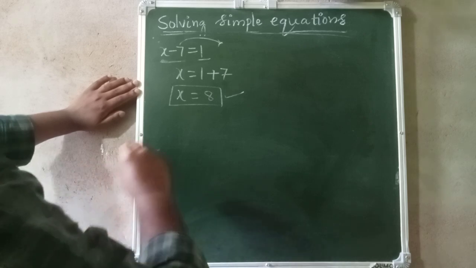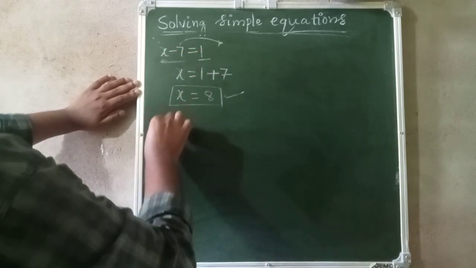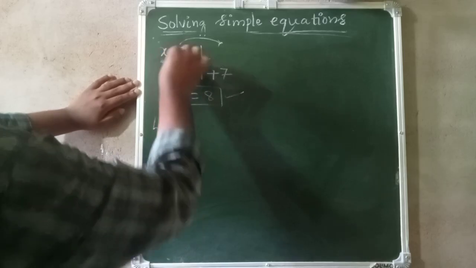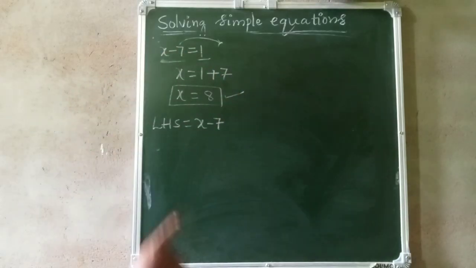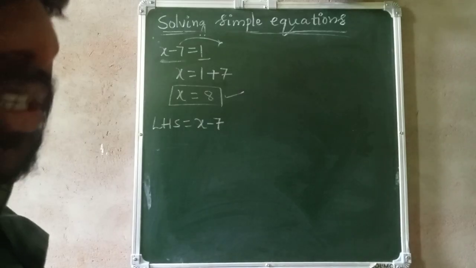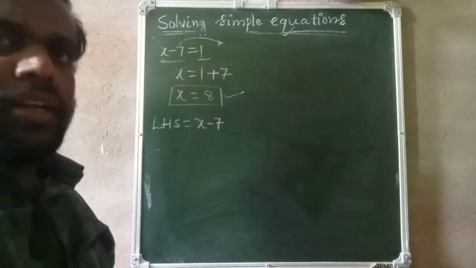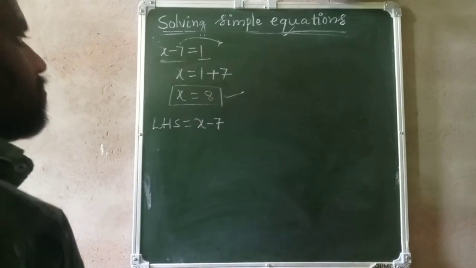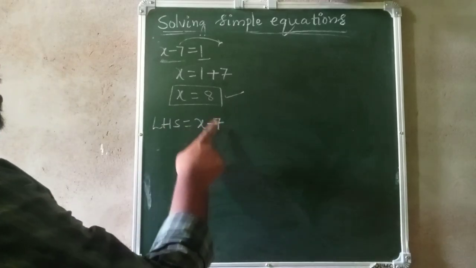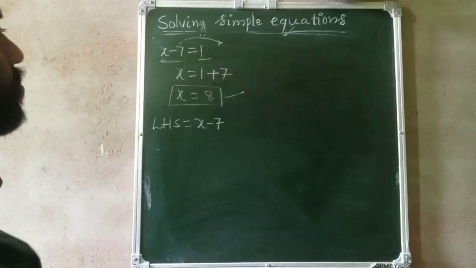Take LHS. So LHS is equal to x minus 7. What is LHS? I have already explained in the same video. So if you want to see any content, you can move the video backward.